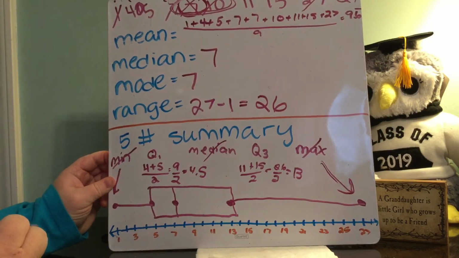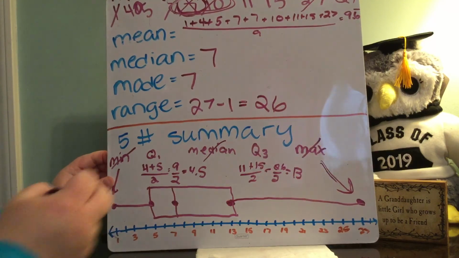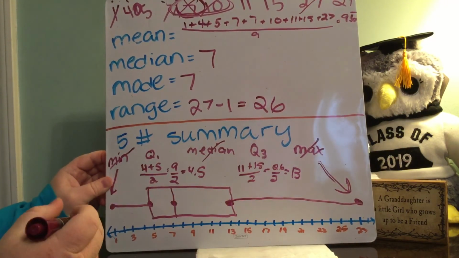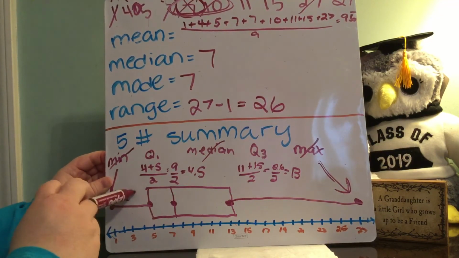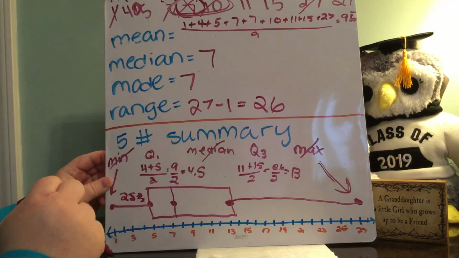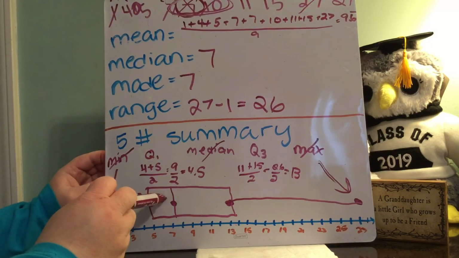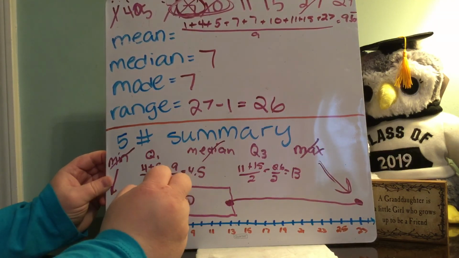The special thing about this is that it tells us a lot about our data set. Between each set of points, 25% of our data is there. From the min to quartile 1, we have 25%. From quartile 1 to the median, we have 25%. From the median to quartile 3, we have 25%.